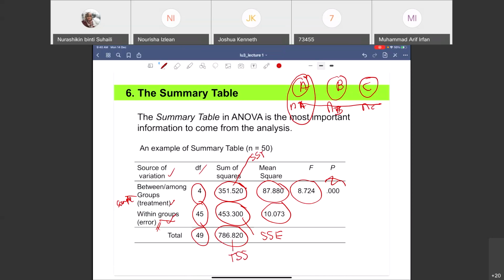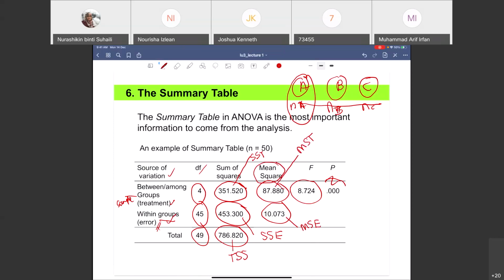Okay, and then after sum of squares, we have mean square. Mean square, and you also have two values over here. This one is denoted as MST, mean square for the treatment, and this is MSE, mean square of the error.